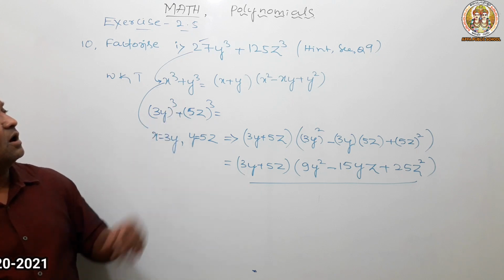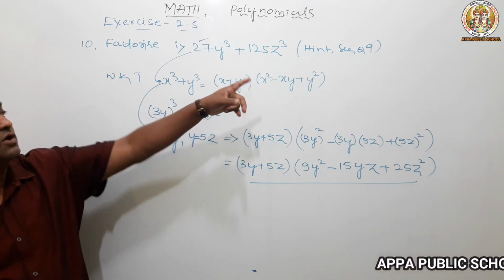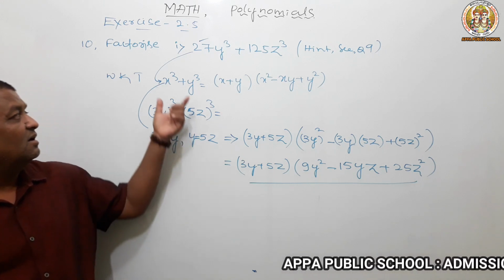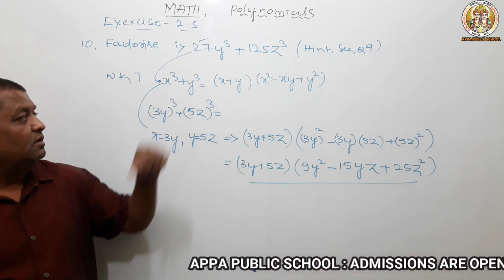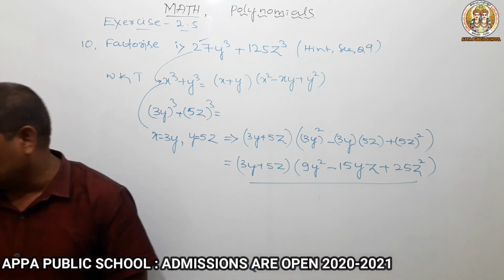This is how we factorize using the hint of question number 9, that is x cube plus y cube is equal to x plus y into x square minus xy plus y square.